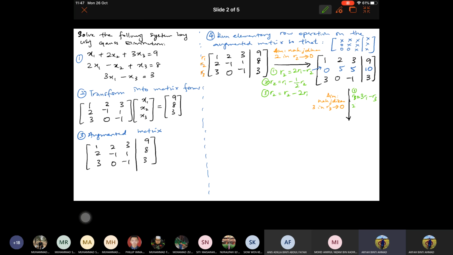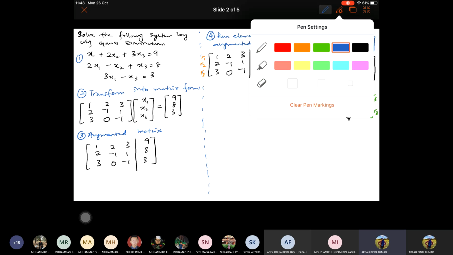Then awak boleh juga ambil R3 sama dengan R1 tolak 1/3 R3. Pun boleh juga kan. So boleh lah. So katakan saya ambil yang the first one lah. Let's say I take first one here. Saya ambil R3, 3R1 tolak R3.